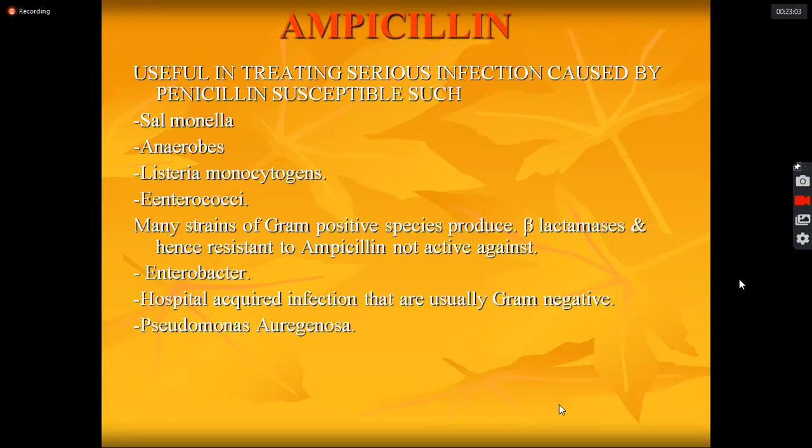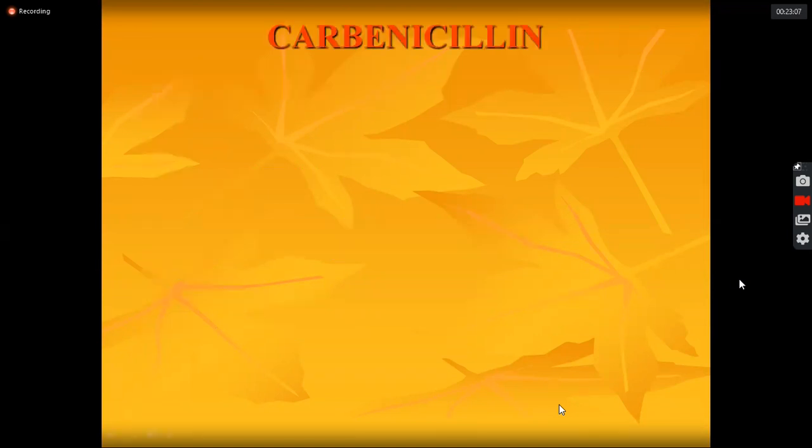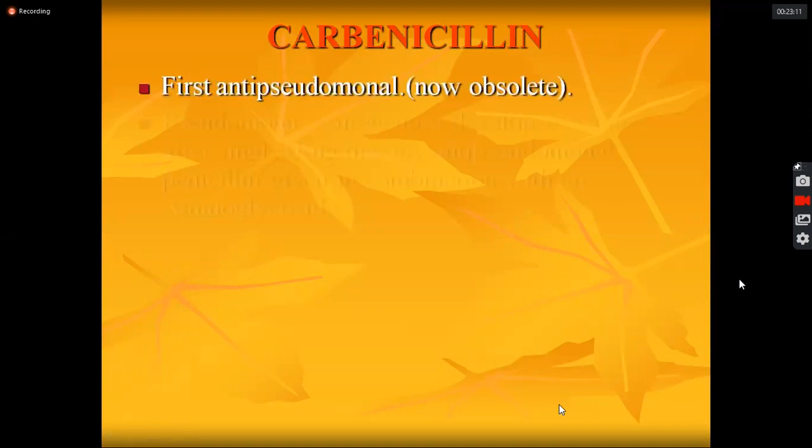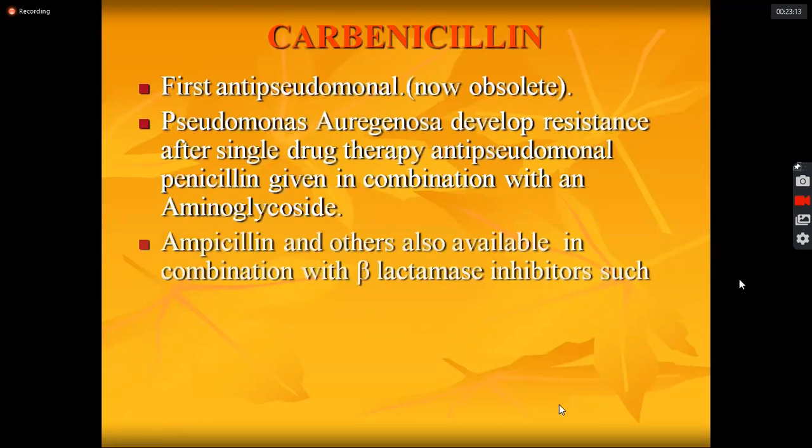So again, I would say that culture and sensitivity is the first test that you should send before you start the medication, either urine, blood, or mainly blood, to the lab for certain drugs you have listed, so you can come up with the drug that the patient is most sensitive to.